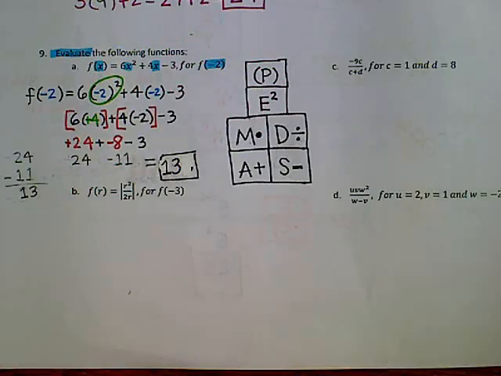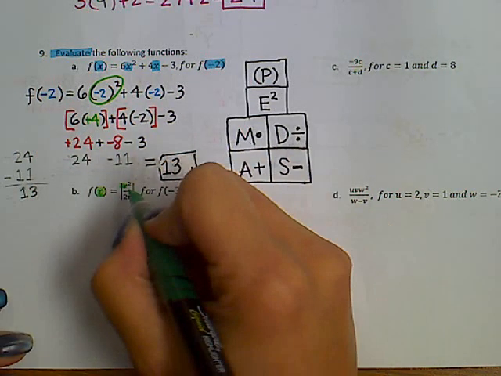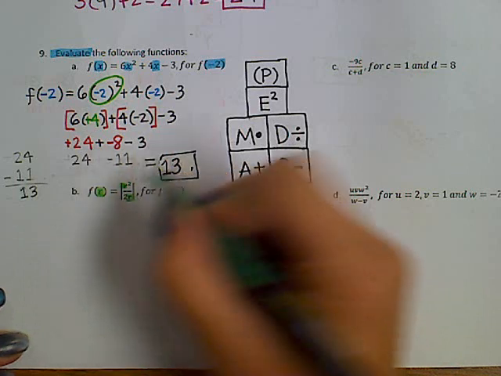Okay. So let's go ahead and take a look at our next example. We are evaluating f of r, given that we have, let's use a different color here, r squared, the absolute value of r squared over 2r.